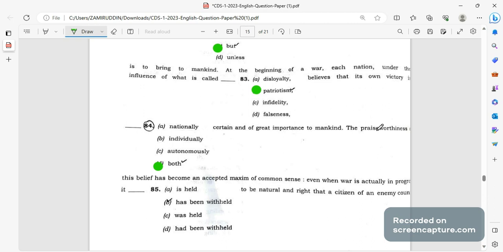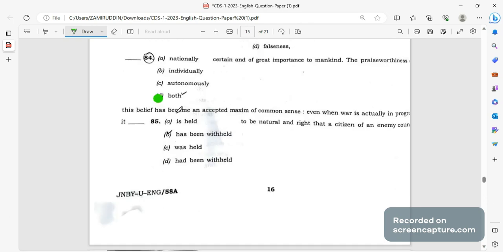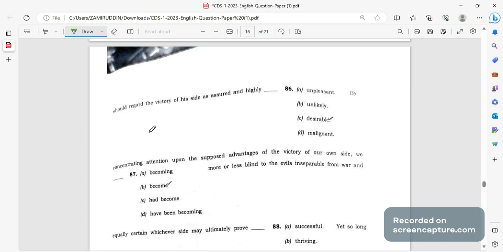Now the praiseworthiness of this belief has become an acceptable maximum of common sense. Even when the war is actually in progress, it के साथ has नहीं होगा. So clearly the answer is it is held to be natural and right that a citizen of any enemy country regard the victory of his side as assured and highly desirable.